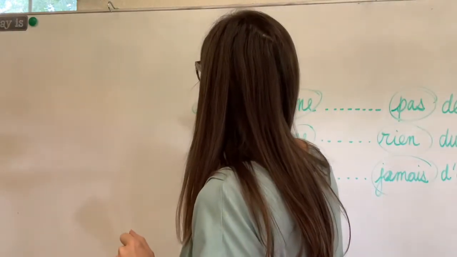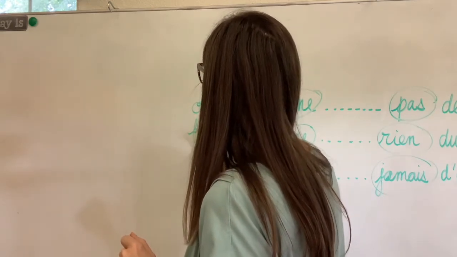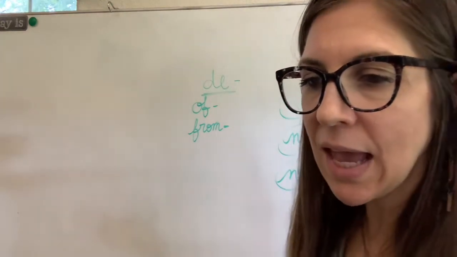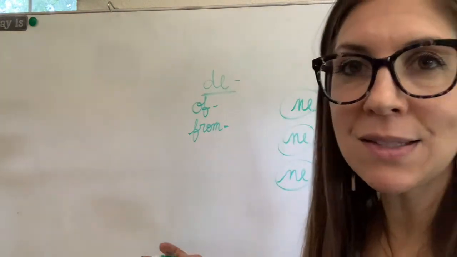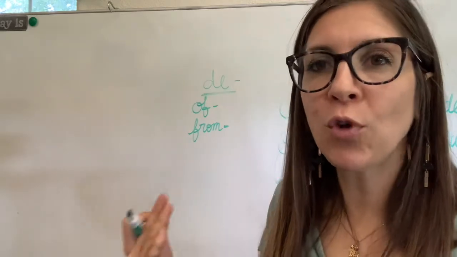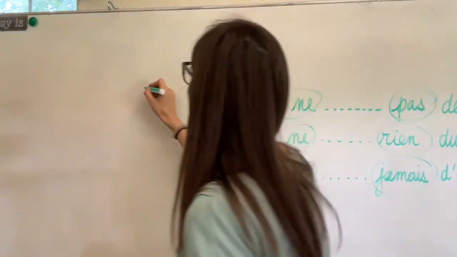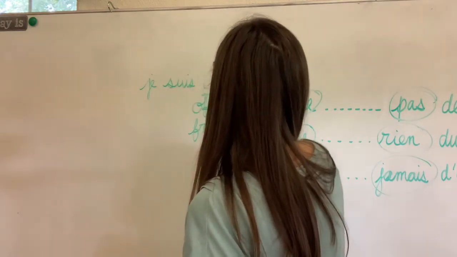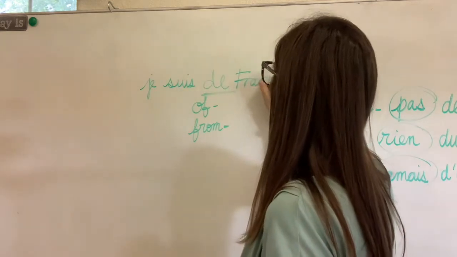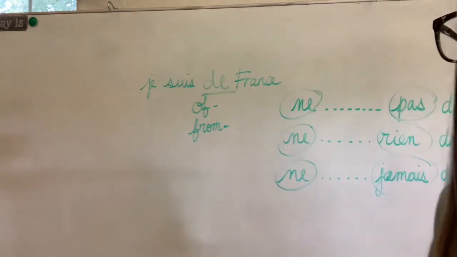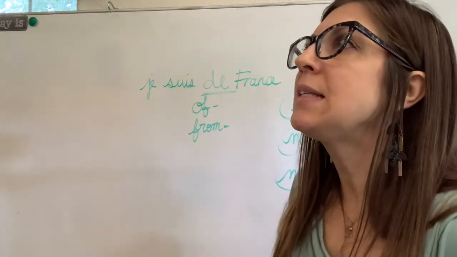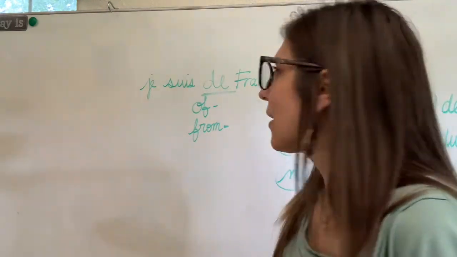It means of, or it means from. So for instance, if I say, I am from France, je suis de France. Or you could say, c'est le sac de ma mère.